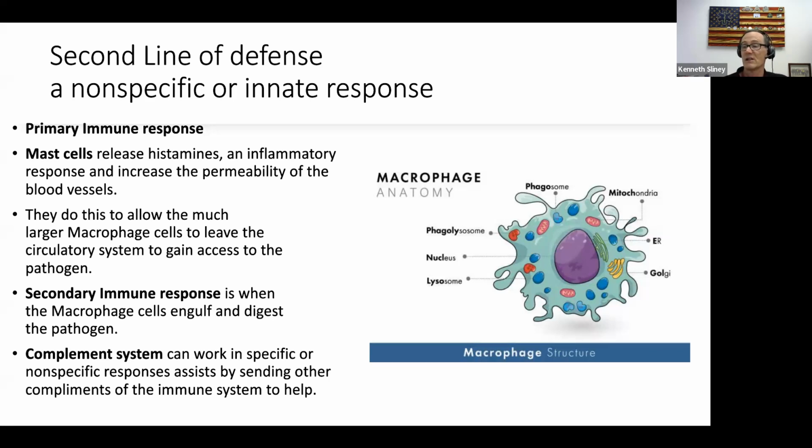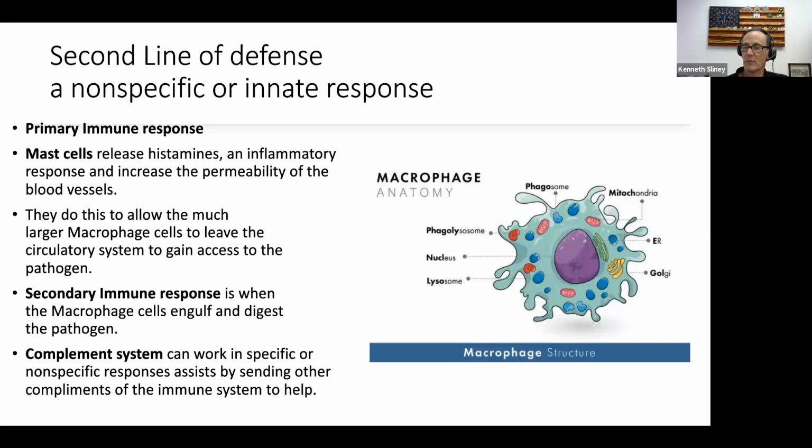And then the second part of the non-specific response is when these macrophages engulf and digest a pathogen. So basically, the mast cells allow the macrophages to get where they need to go.